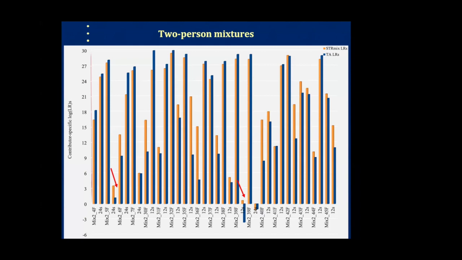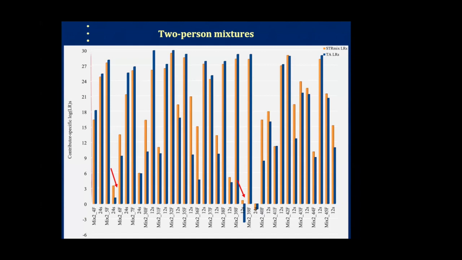The arrows point to two contributors that show a difference in result as defined for this study and by our lab interpretation criteria.